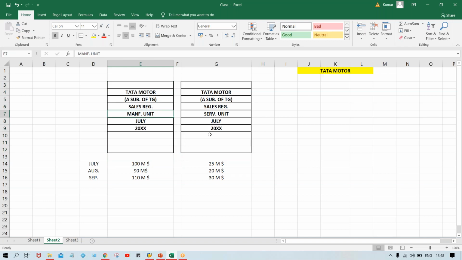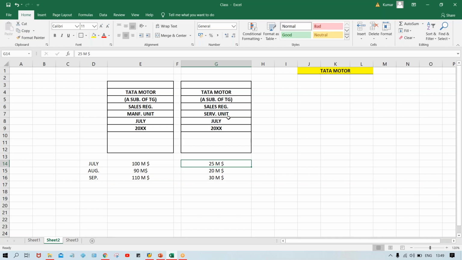Now if the requirement is what is the total revenue generated from the service unit for July month, then the same calculation happens. For this a different register is maintained. From that register the entire sales are counted and finally the report is prepared.